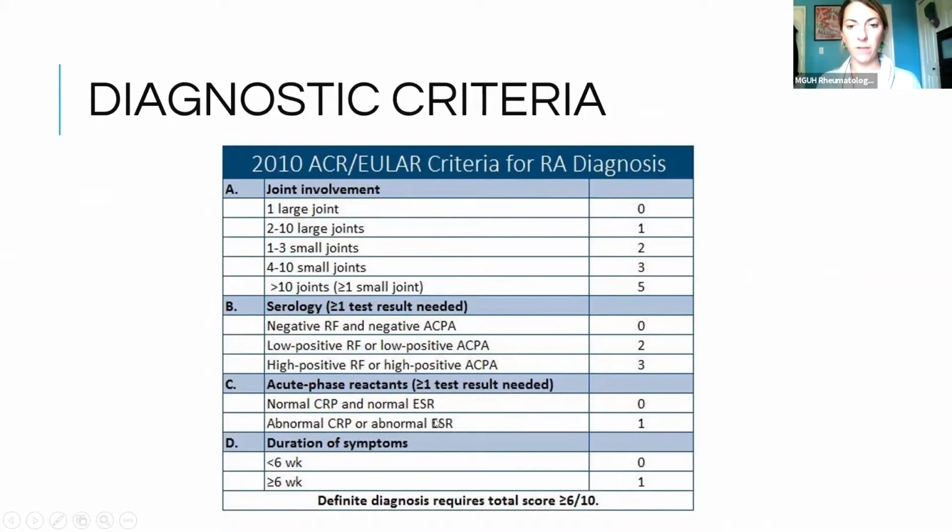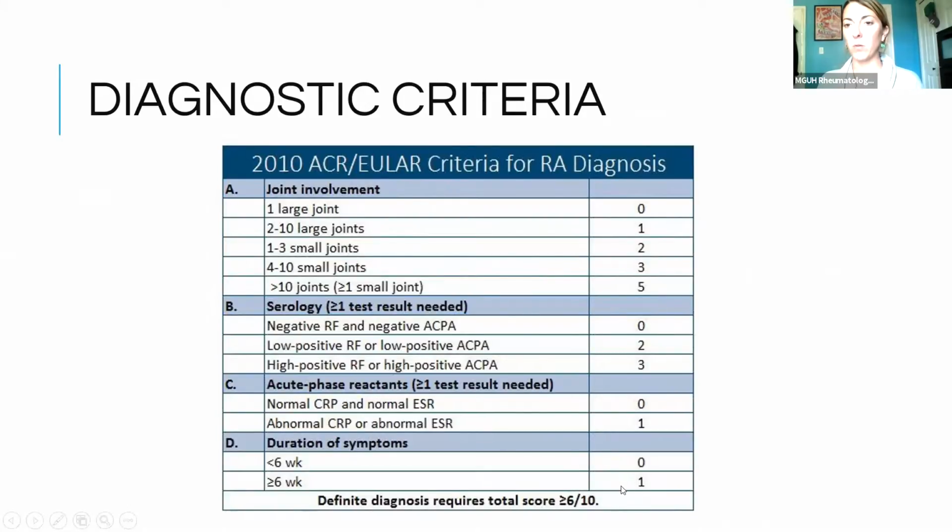You can have abnormal inflammatory markers, but as you see, not much weight placed on that. And really, before we officially call somebody rheumatoid, we like to see it present for 6 weeks or longer to understand that it's chronic, as opposed to related to a viral infection or more of a palindromic phenomenon, right?